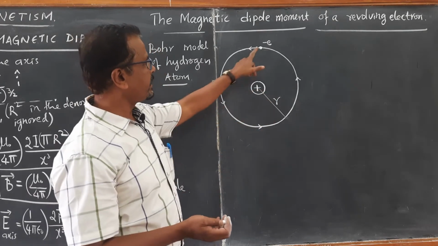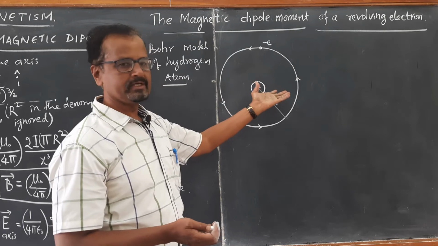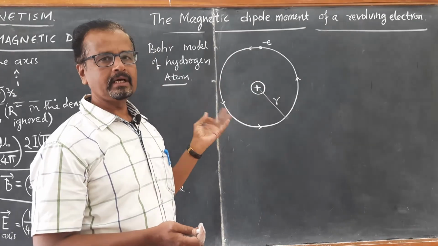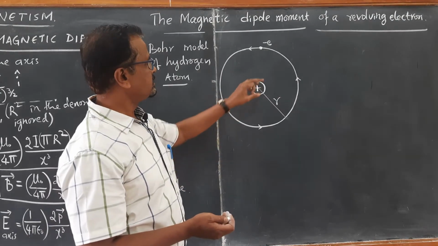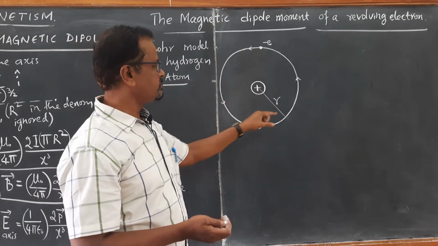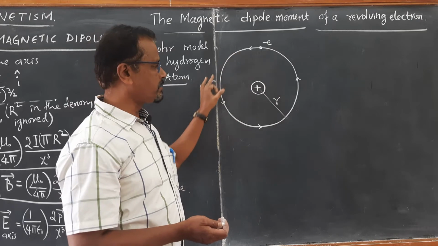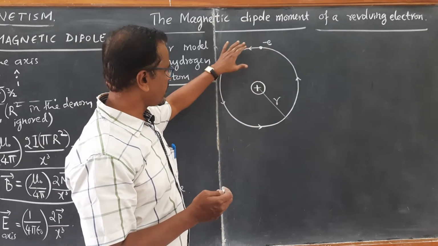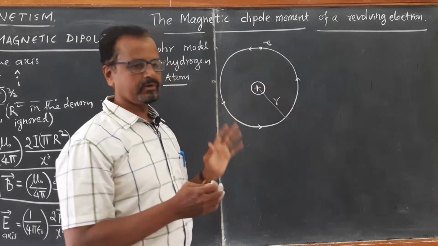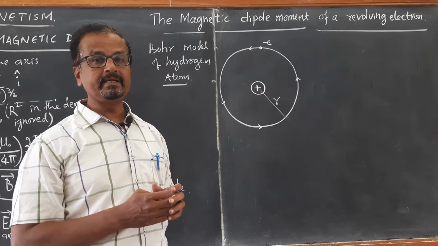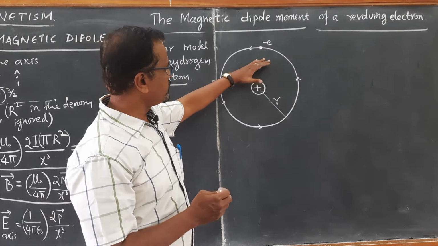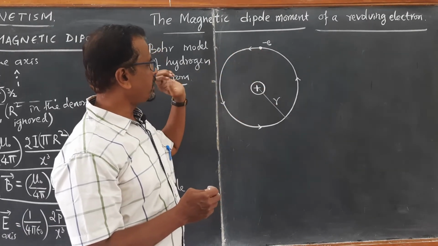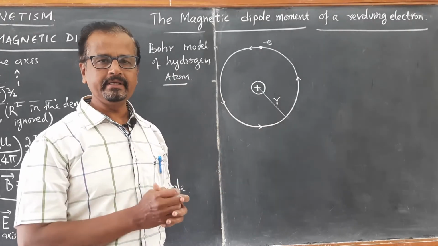Now when an electron is revolving, it is a negatively charged particle, so it leads to current. The current is calculated as the amount of charge for one complete revolution divided by the time taken. We call the time taken for one complete revolution the time period T. So with the knowledge of the charge that is moving and the time taken, we can calculate the current.